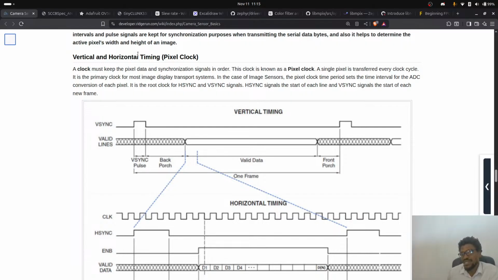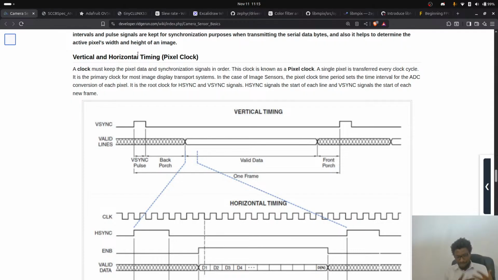A single pixel is transferred on every clock cycle, and this is the primary clock for most image display transport systems. In the case of image sensors, the pixel clock time period sets the time interval for the ADC and the conversion of each pixel, and it is the root clock for H-sync and V-sync signals, and the start and end of each line and V-sync line.